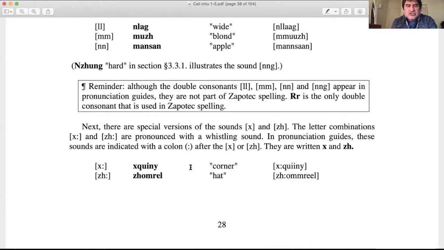If you hear that, like shkeen, almost like whistling, that's the colon we're talking about. So it's X colon, almost this whistling sound that you can hear. And the other one, jombrel, jombrel. But as I said before, I know it's really hard when you first hear this.